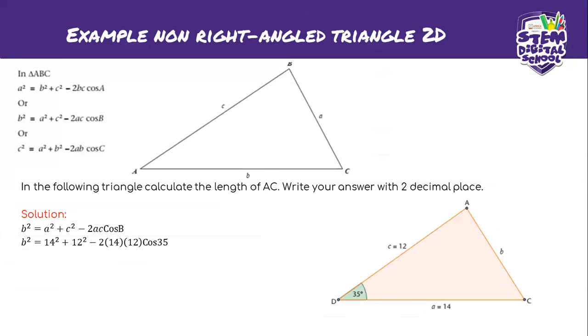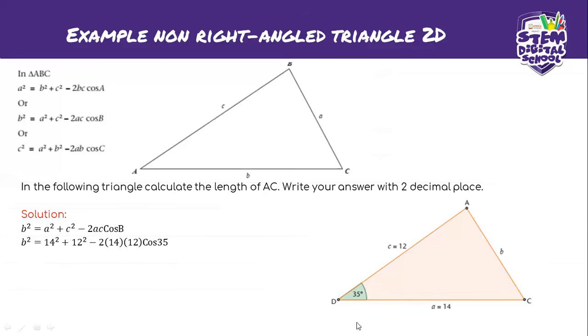Now the next step, we are going to substitute. Our value of A equals 14. Wherever I see A, I'm going to put that 14 there. And the value of that side C is 12. Wherever I see C, I'm going to substitute it with 12, and so forth.